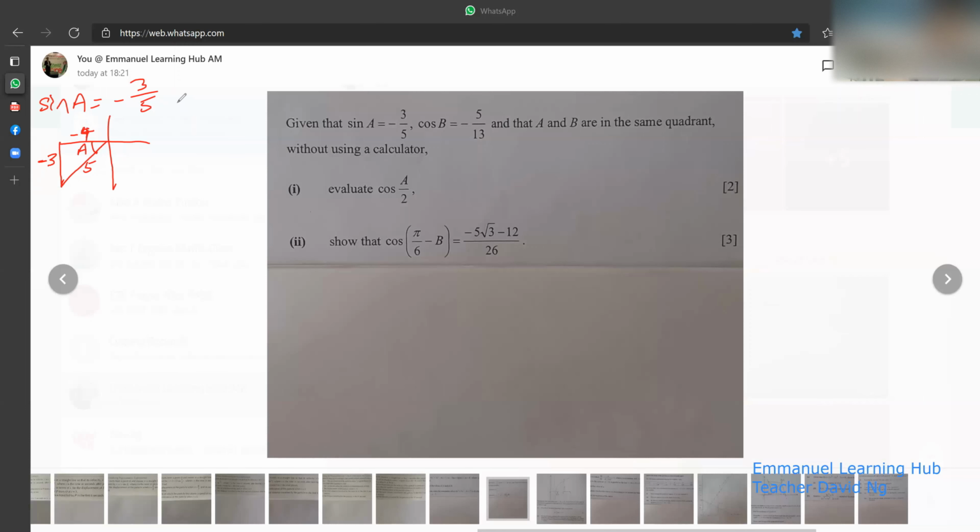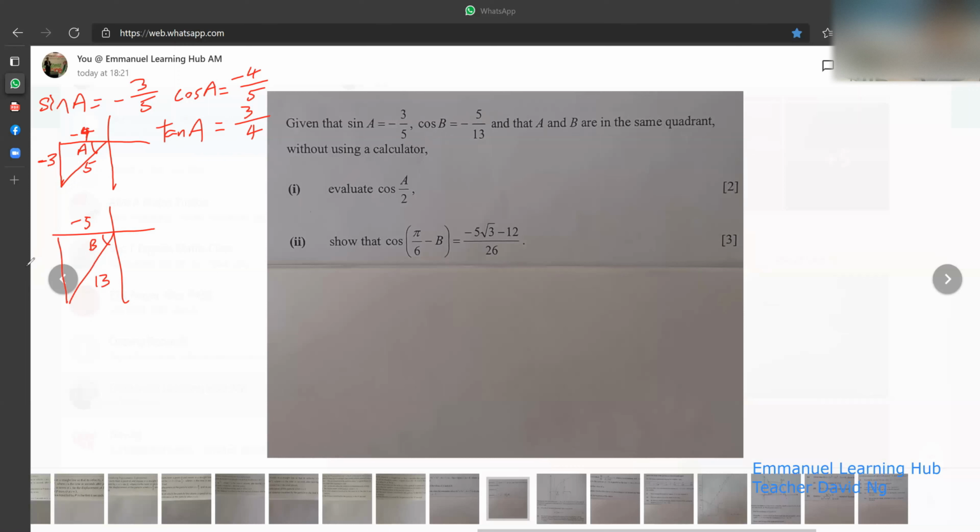So you have your sine A and your cos A. Cos A would be negative 4/5. Tangent A is positive, 3/4 is your tangent A. How about your cos B? Cos B is -5/13.